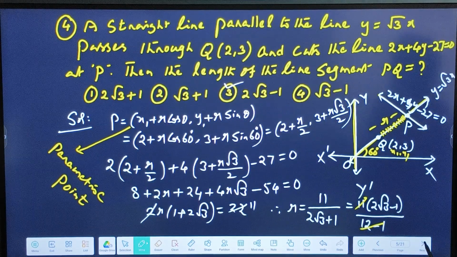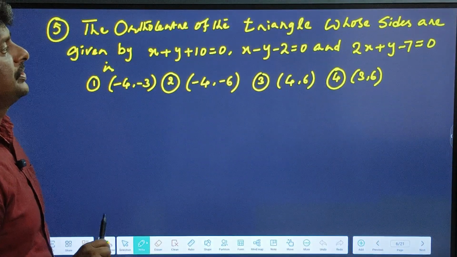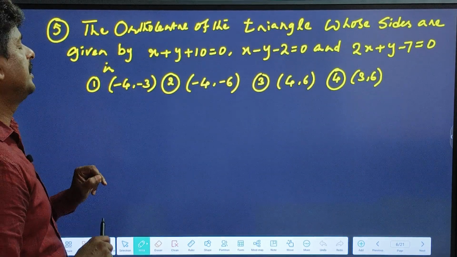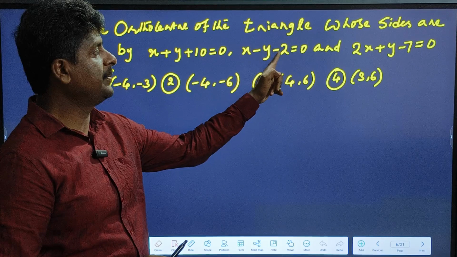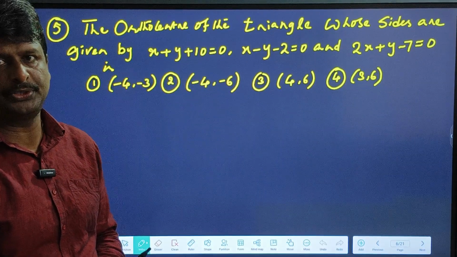Okay. Next. The orthocenter of the triangle whose sides are given by x plus y plus 10 equals 0, x minus y minus 2 equals 0, 2x plus y minus 7 equals 0.